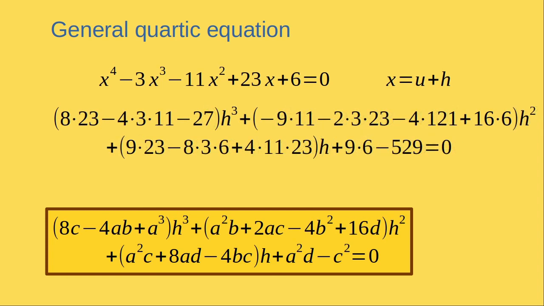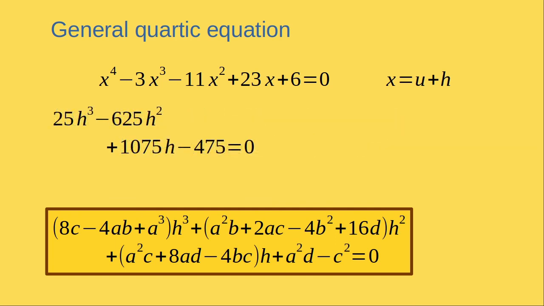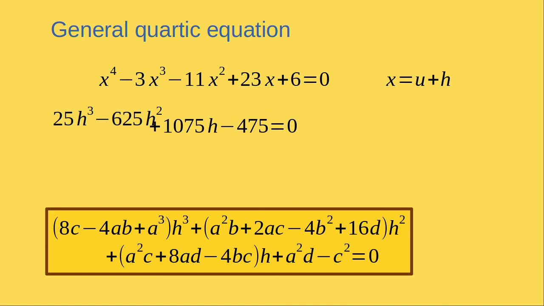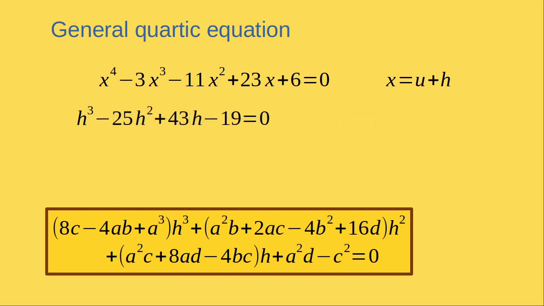And, after some simplifications, we get 25h cubed minus 625h squared plus 1075h minus 475 equals 0. Luckily, we can divide by 25. And we get h cubed minus 25h squared plus 43h minus 19 equals 0.